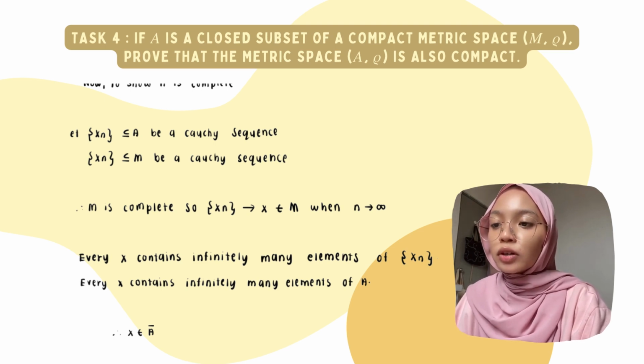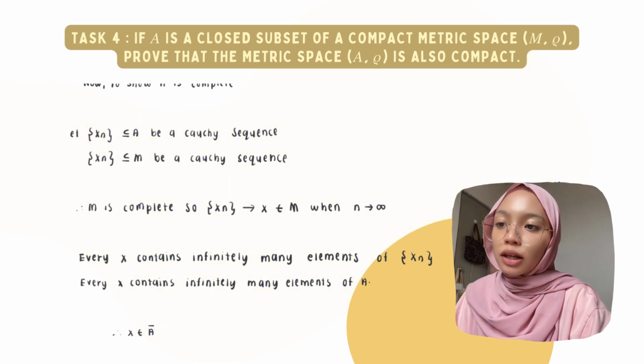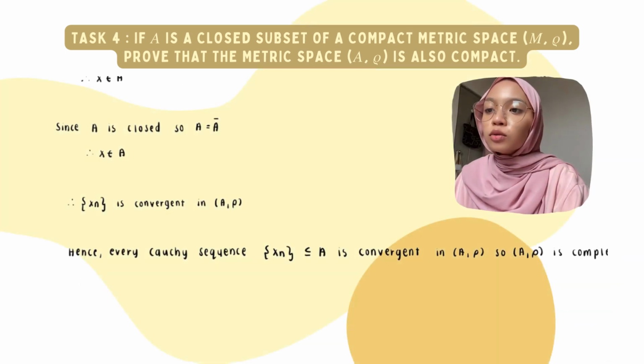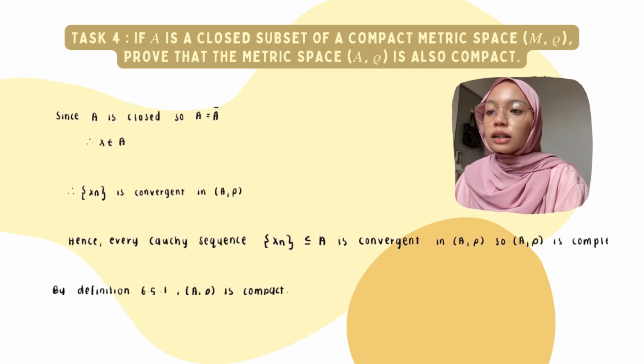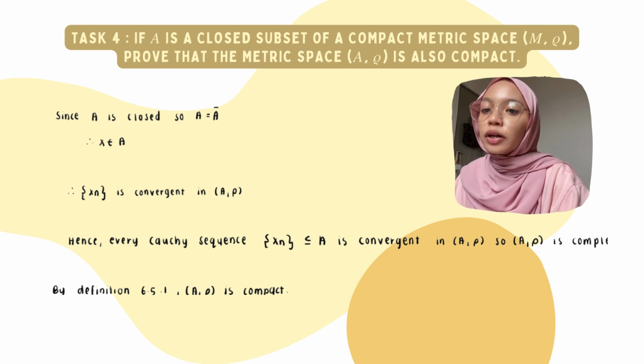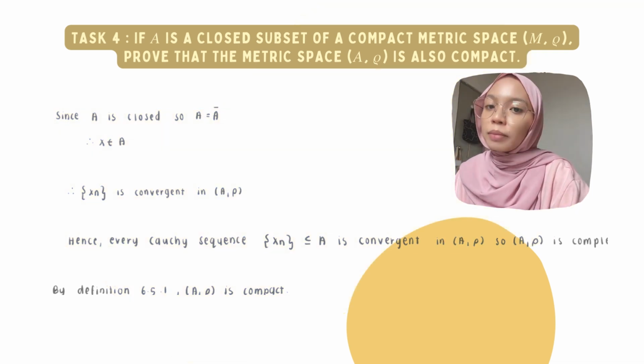It is the same for A, so every neighborhood of x contains infinitely many elements of A. Hence, x is an element of A. Since A is a closed subset, A is equal to A bar. Then x_n is convergent in A. Hence, every Cauchy sequence x_n in A is convergent in A, so A is complete. So we have proved that by definition 6.5.1, A is compact.